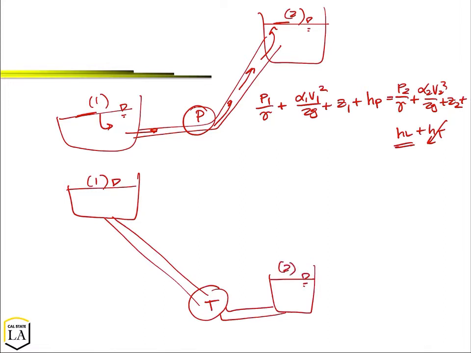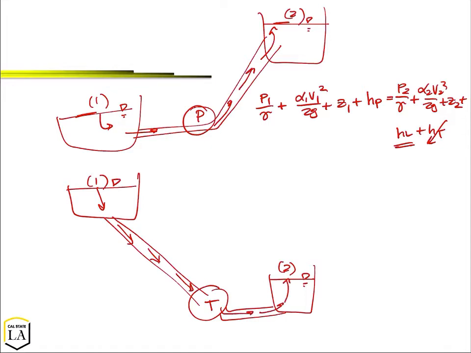Because we have a turbine, and the purpose of the turbine is to take energy from the system, you're going from high potential energy to low potential energy. That means your elevation must be lower at 2. So your direction of flow is going to go like this.